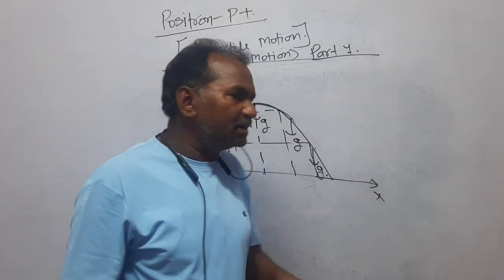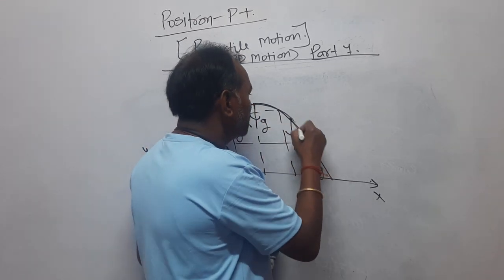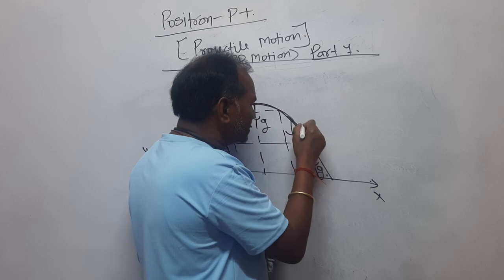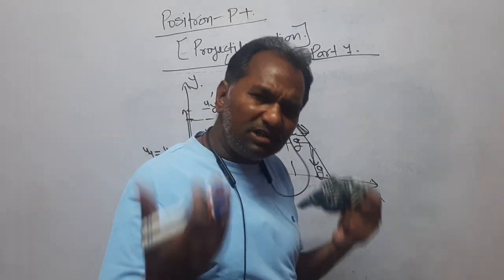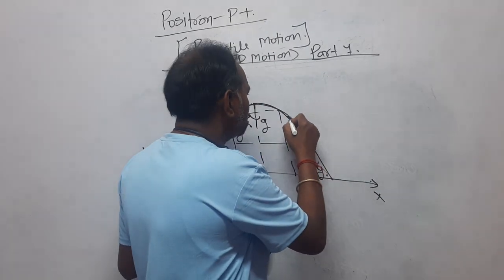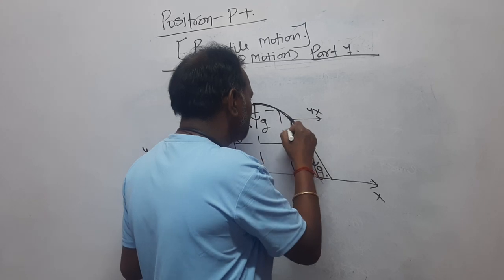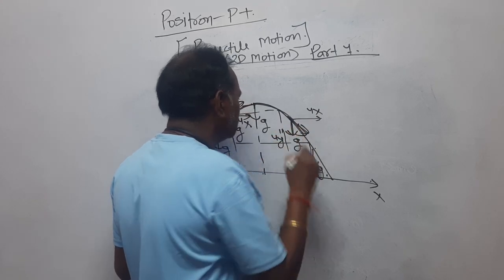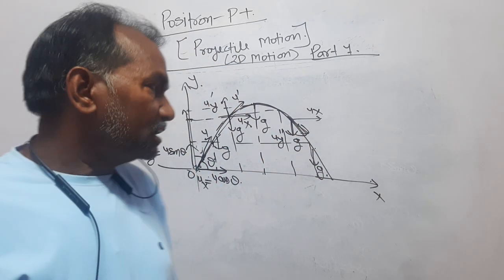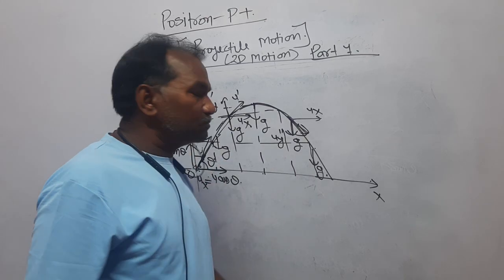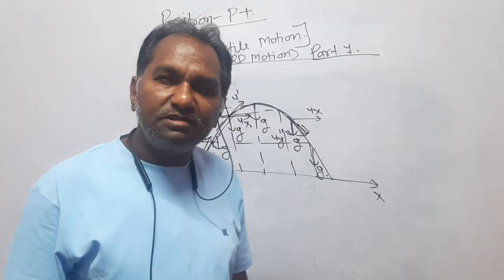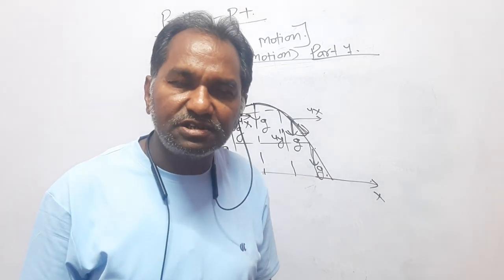Throughout this journey, at any point of time, the resultant velocity is whatever, no matter, but the horizontal velocity will be ux and the vertical velocity, suppose here, uy double dash.